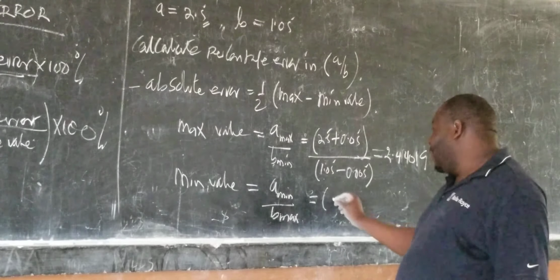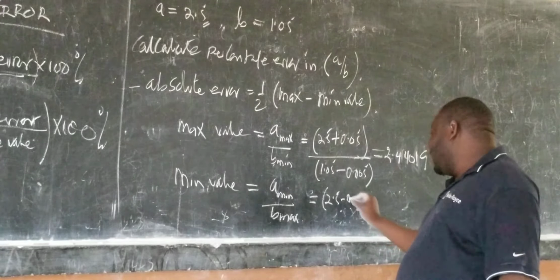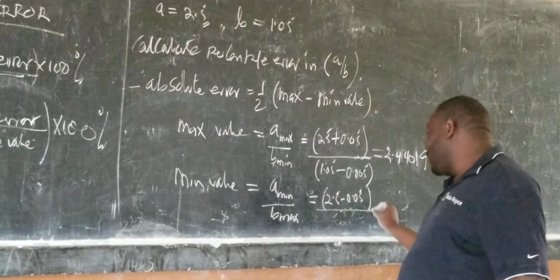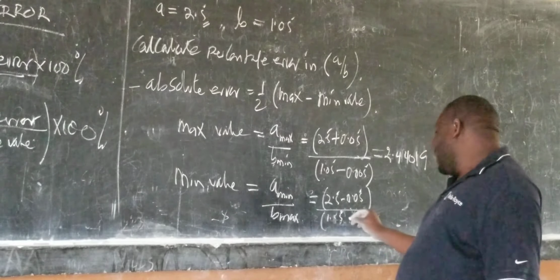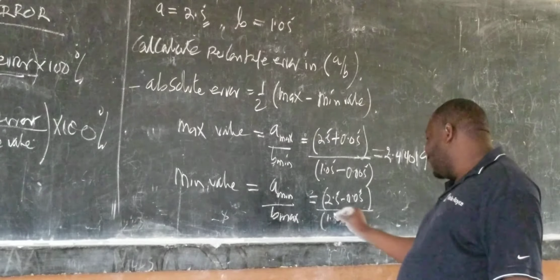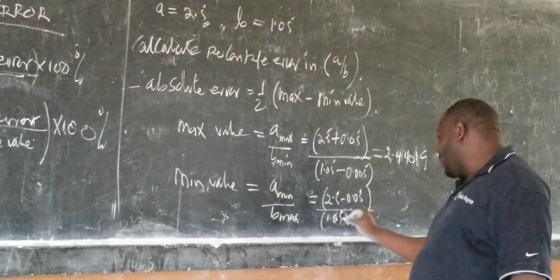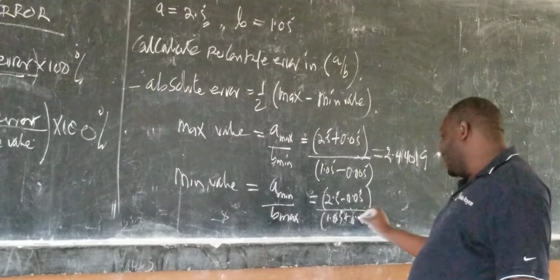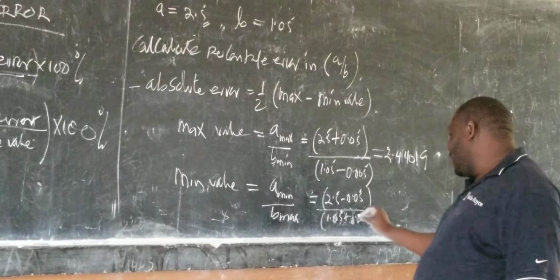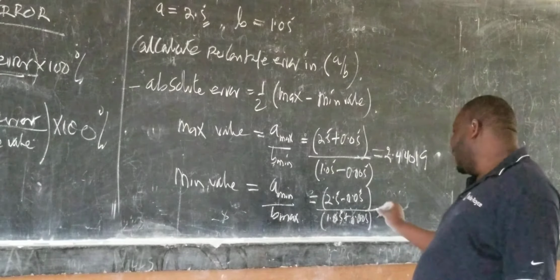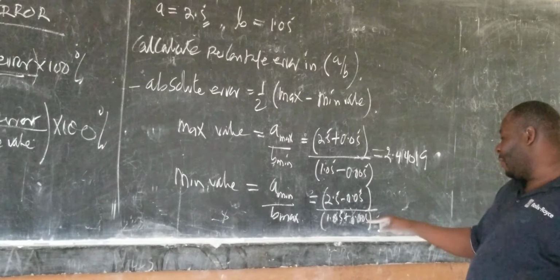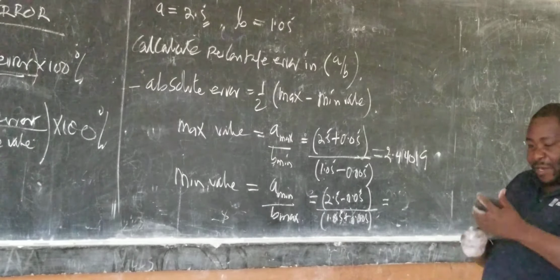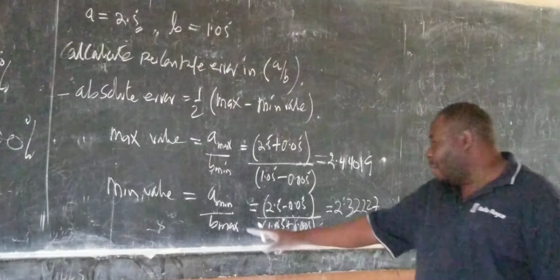We get A, 2.5 minus its maximum possible error, over 1.05, that is the value of B, plus 0.005. That is just the two decimal places, 0.005.